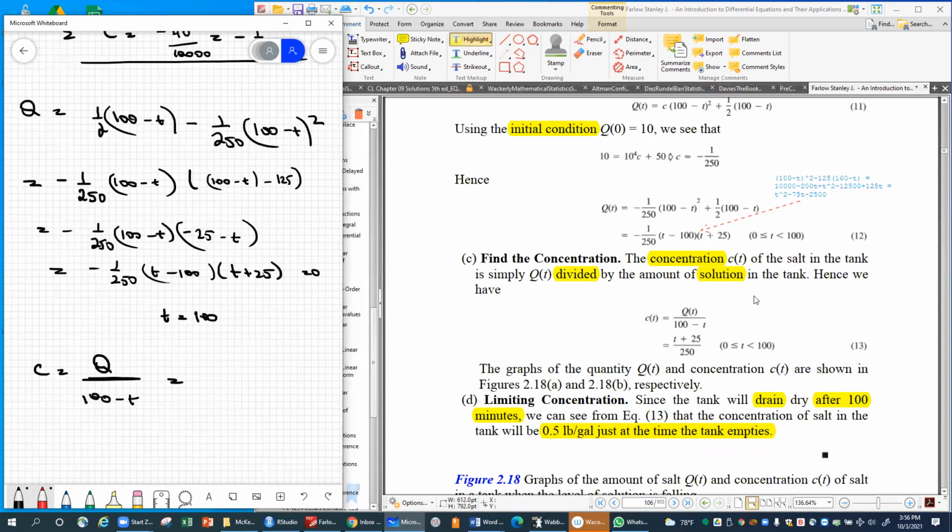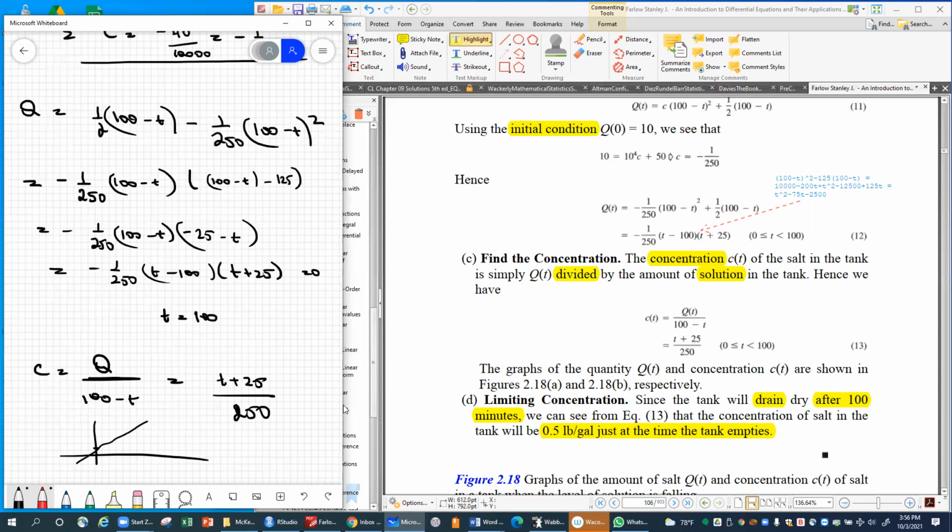When you divide, t minus 100 will cancel here with the extra minus, and you see that it's t plus 25 over 250. So we see, interestingly, that concentration is actually a linear function of time. It starts at 25 over 250, and it grows linearly, and we know at time equal 100 the whole thing is gone.